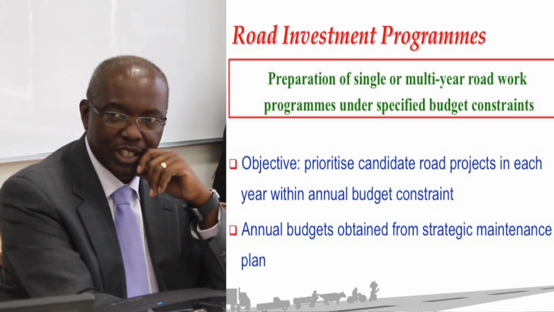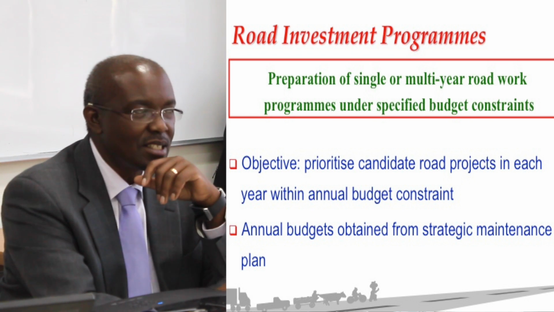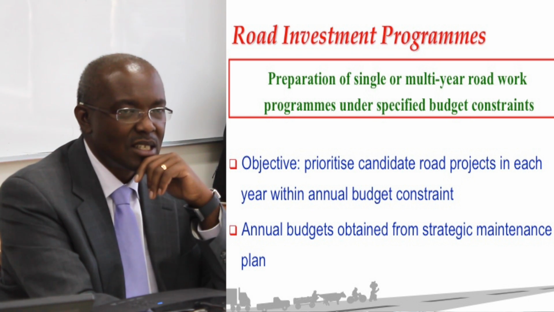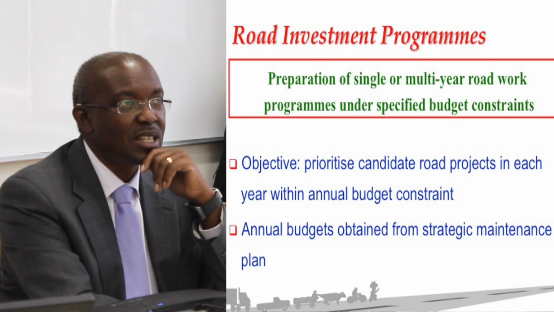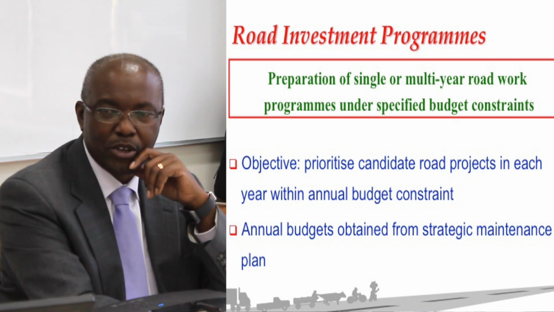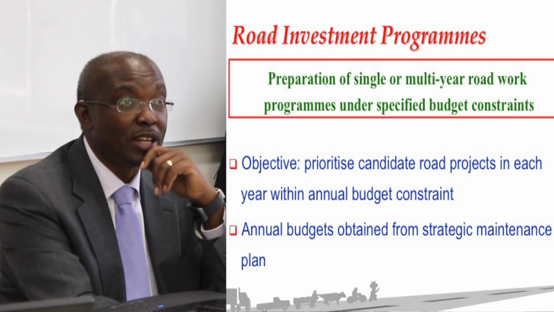Which roads in Georgia should be included in this investment program? So basically, what you're doing is, for each road section, you do the same analysis, maybe over 20 years, and you estimate the economic benefits.